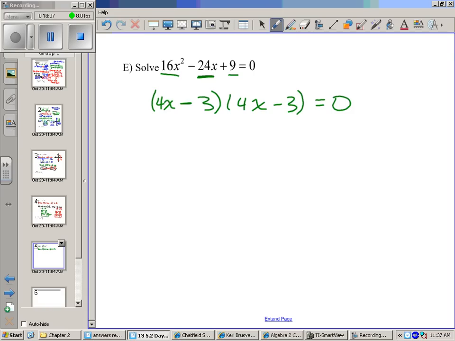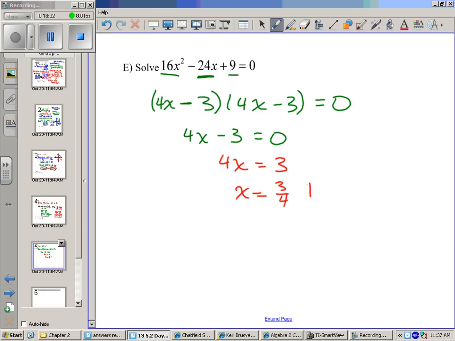Notice these two are identical, so I can go ahead and say 4x minus 3 is equal to 0, or 4x minus 3 is equal to 0, and I can just go ahead and solve this. I'm going to add 3 to both sides and get 4x is equal to 3. I'm going to divide by 4 and get x is equal to 3/4. Do I need to do this twice? No, but what do I know?